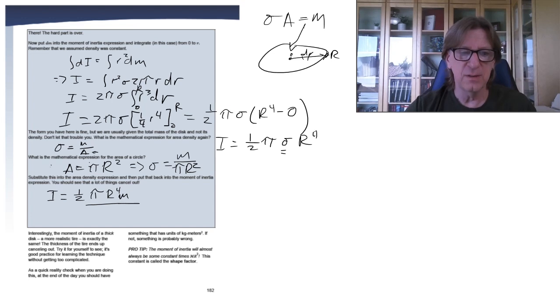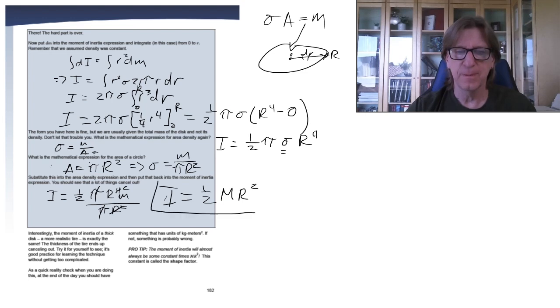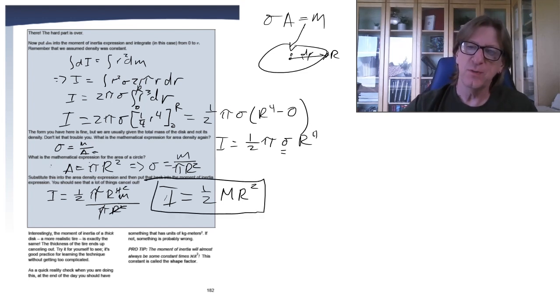You see my pi's cancel, 2 of my R's cancel, and so my final result is that I is equal to 1/2 m R squared, where I use m to represent the total mass. And this is the moment of inertia for a thin, uniform disk.